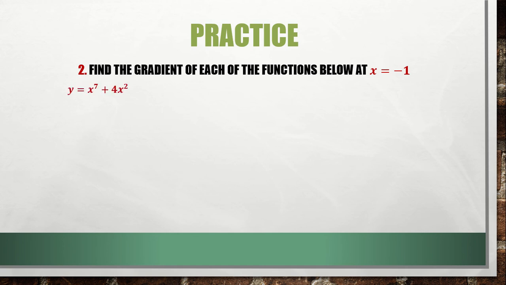First question, y is equal to x power 7 plus 4x squared. Next, y is equal to 2 over 3 x cubed plus x power 5 divided by 5 plus 2x squared plus 3. Then finally you have that. So you may pause the video and tackle that before I give you what I have.